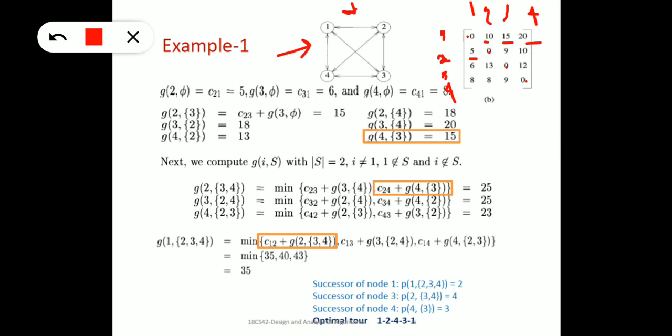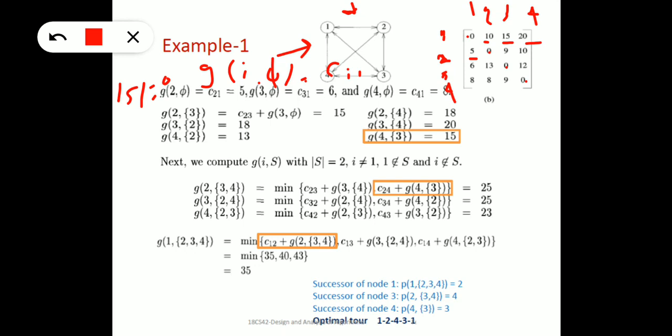So in the first case, wherein the set S has no vertices in it, wherein the cardinality of set S is equal to 0, we make use of the equation g of i comma null, which is equal to c of i1.